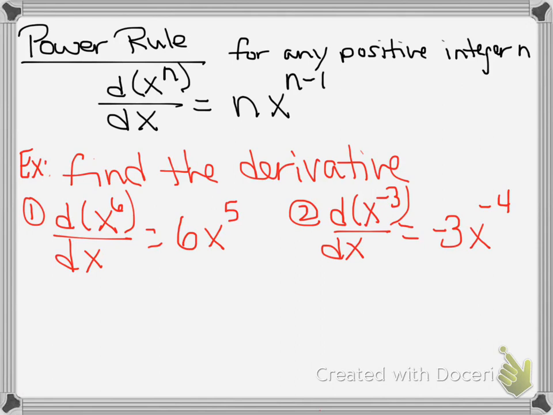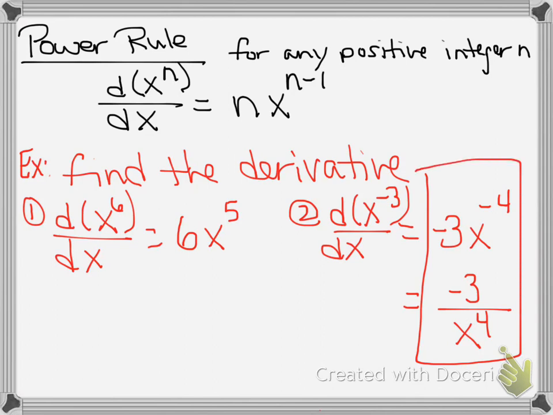You can leave it like that, or you can rewrite it so you're dealing with positive exponents, and that exponent goes to the bottom. Both of these answers represent the same thing, and both are equally fine. What if on a quiz or a test you don't know which one to use? Read the directions. If it says positive exponents, then give positive exponents.